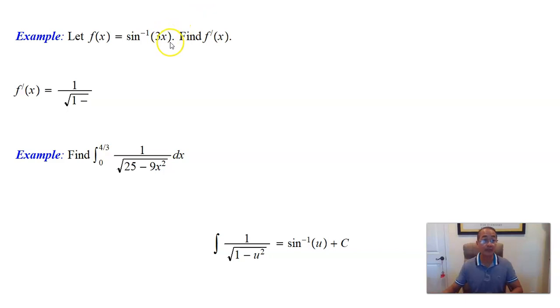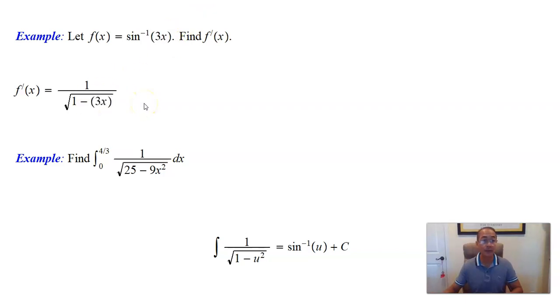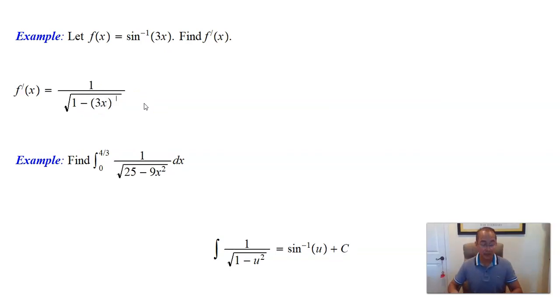Our something is 3x. So we want 1 over the square root of 1 minus (3x) squared. But don't forget there's a chain rule involved because we don't have x here, we have 3x. So we have to multiply by the derivative of 3x, which is just 3.